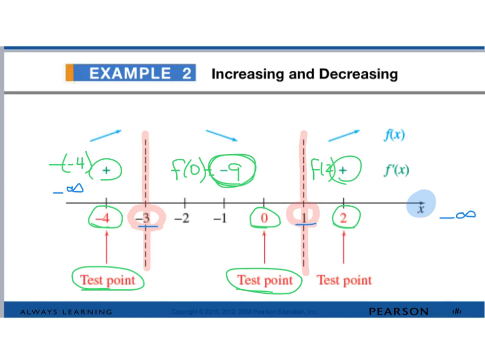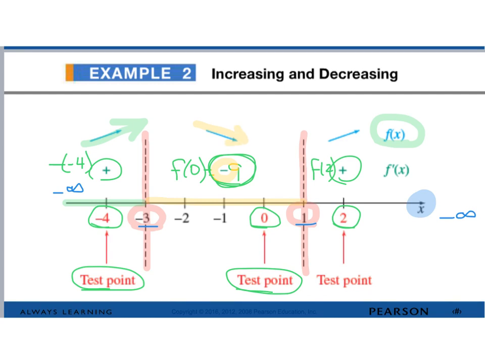And so what that tells us is that on the interval from negative infinity to negative 3, the value of the derivative is positive. And on the interval from negative 3 to 1, the value of the derivative was negative, and therefore the function is decreasing.